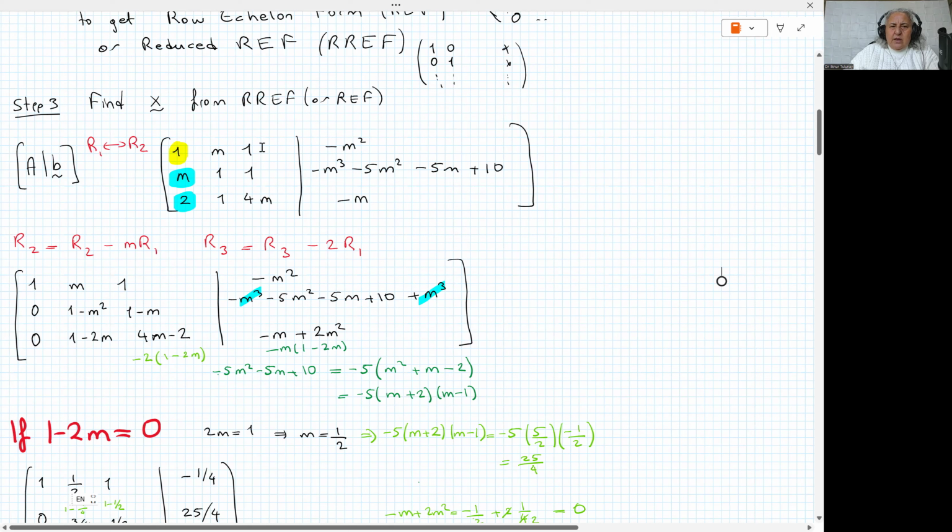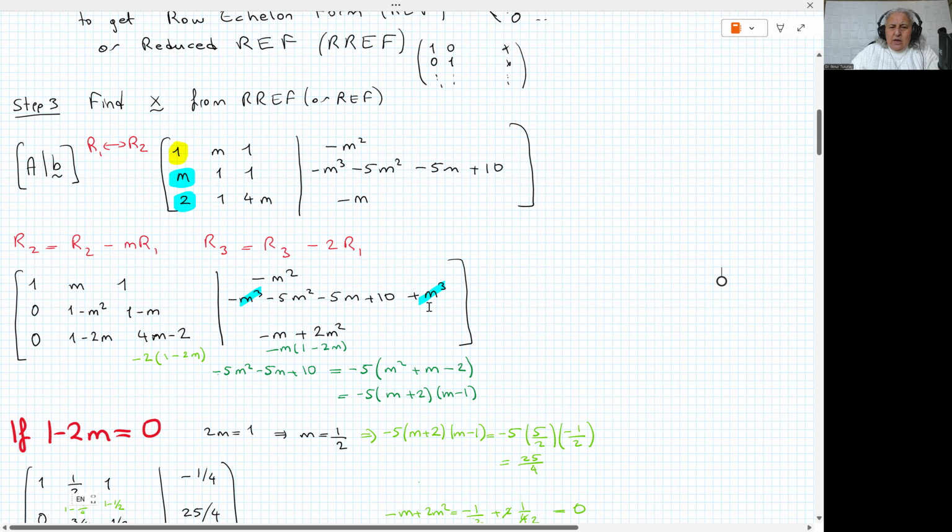Then if you multiply this by minus 2, you will have 4m minus 2. So you have 1 minus 2m here. Here, if you take the minus 2 out, you have 1 minus 2m. And you can simplify this one. Here you will have minus m times 1 minus 2m as well. So 1 minus 2m will be a common factor in this last row.